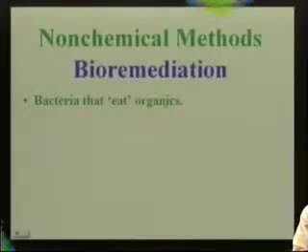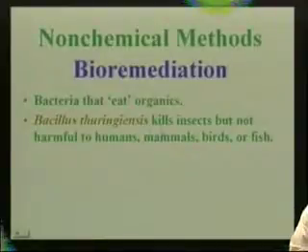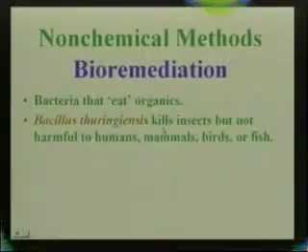Here's one that's mentioned in your text, Bacillus thuringiensis. This particular bacterium will kill other insects that are harmful to plants, but it is not harmful to humans, mammals, birds, or fish that we know of.